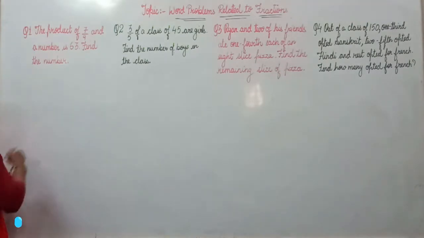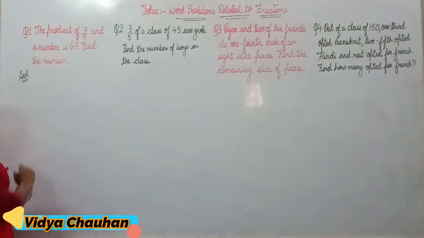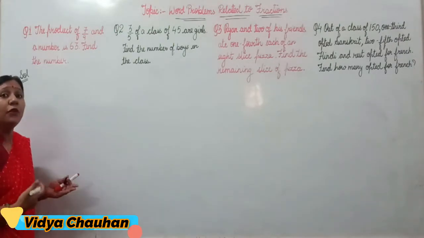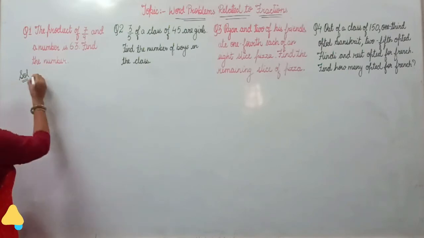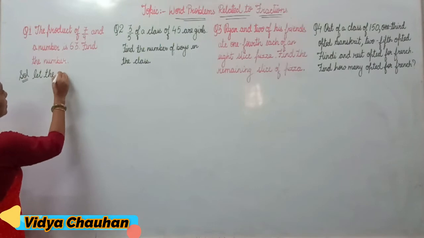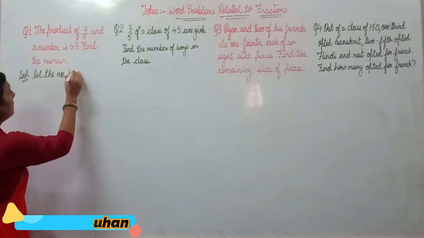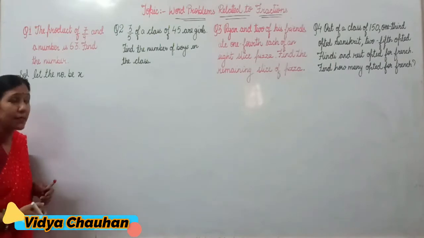When we start with the solution, first you have to represent this number with some kind of alphabetical variable. So let the number be x. I am choosing that unknown number as x.